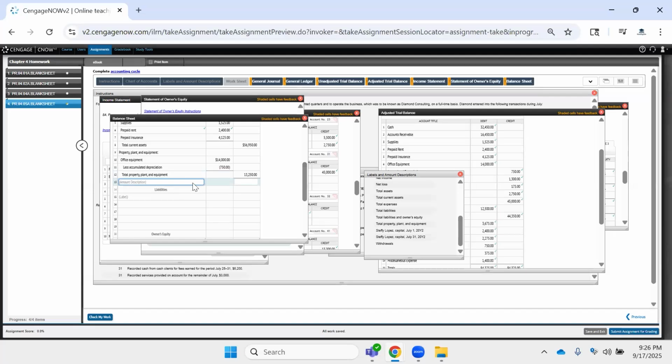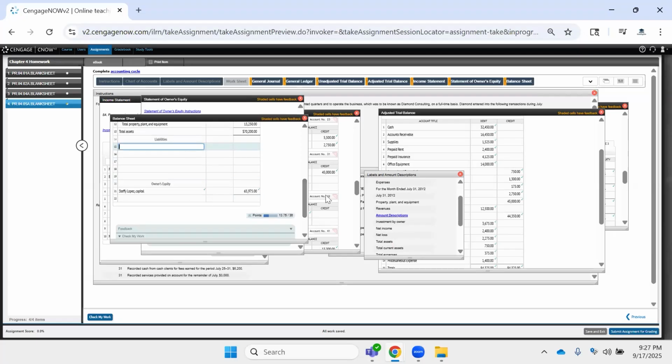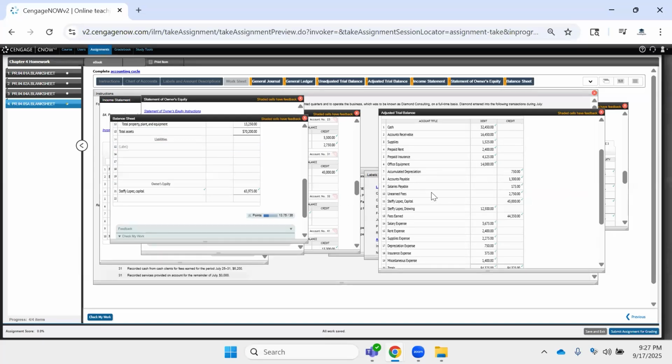Then our amount description, if we look at our amount descriptions here, is total assets, 70,200, if we add up our current and long-term assets together. Liabilities, all of our liabilities are short-term liabilities, and we don't have anywhere to subtotal anything other than total liabilities.